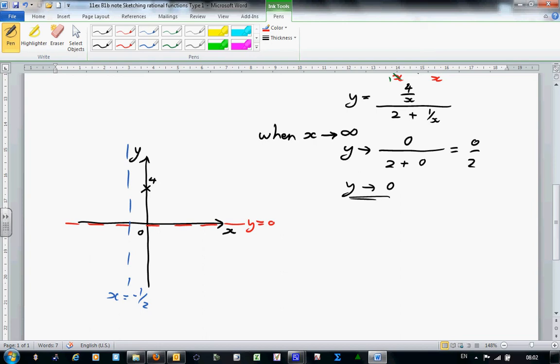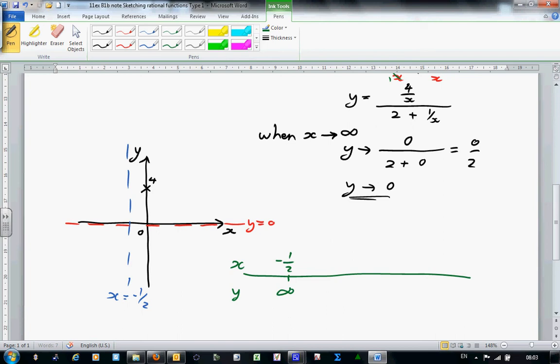Well, when x is negative a half, we know that y is infinite. When x is 0, we know that y is 4. And that's it. So we've divided the x-axis into 3 sections. So let's have a look.